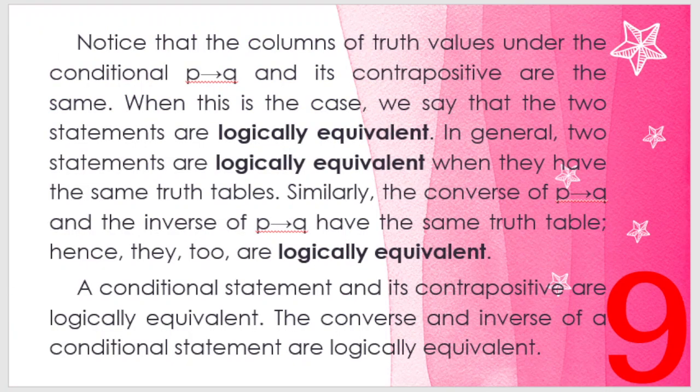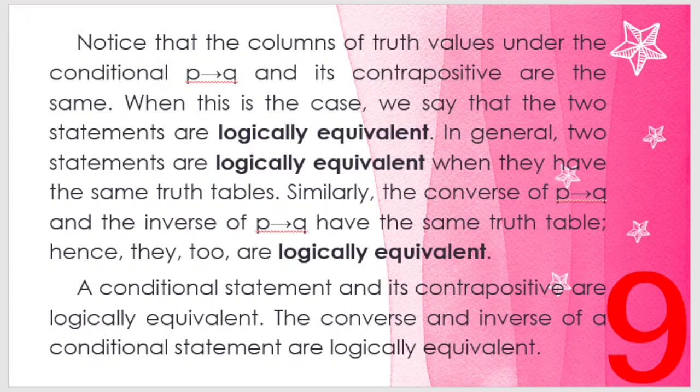Notice that the column of truth value under conditional P implies Q and its contrapositive are the same. When this is the case, we can say that the statements are logically equivalent. In general, two statements are logically equivalent when they have the same truth table.